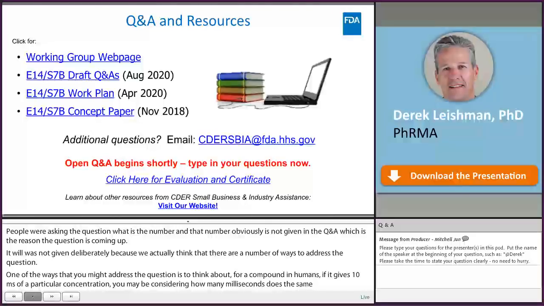I think there's more scope for everyone to address that question in slightly different ways. That's the reason the answer is not very detailed in the Q&A, because it gives the investigator the flexibility to develop and justify the metric that they use in that in vivo study.